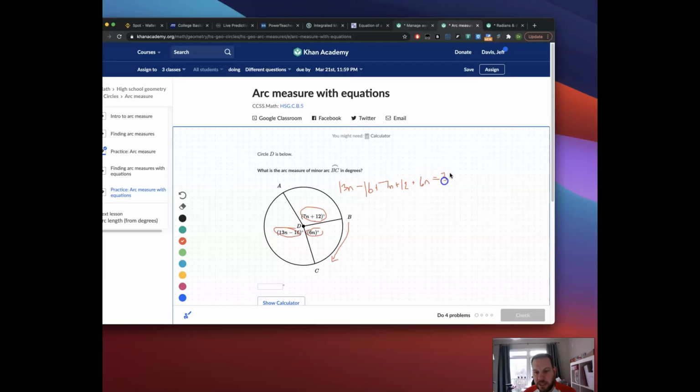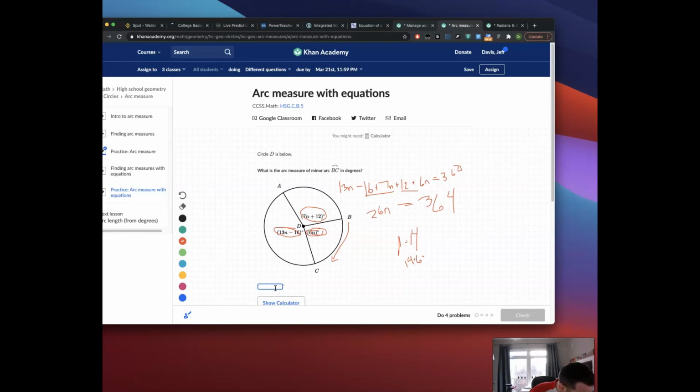Set that all equal to 360 because we're going all the way around the circle. So that's 26n, and then we'd have minus 4. So I throw that to the other side, adding, I get 364, and then 364 divided by 26 is 14. But don't put 14 for your answer, because it's 6 times that n, so then you have to do 14 times 6, which should be 94, I think. 84.